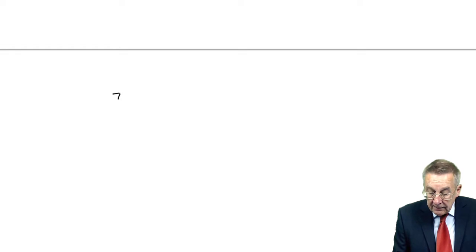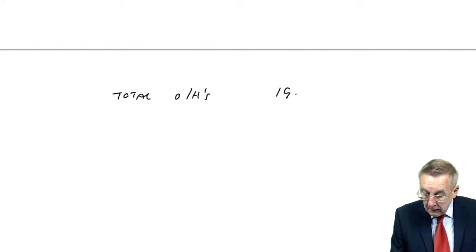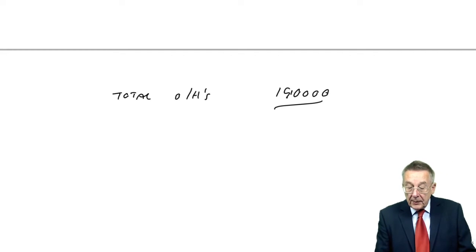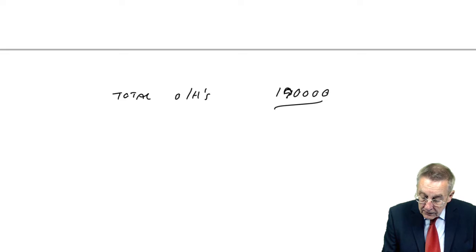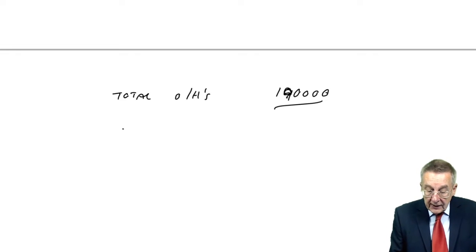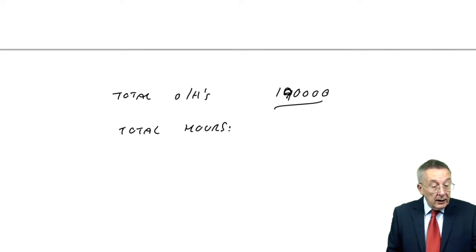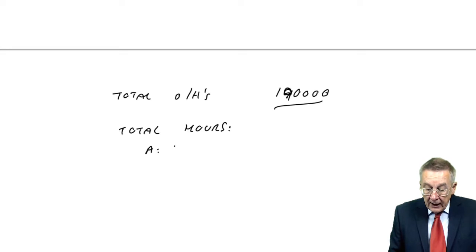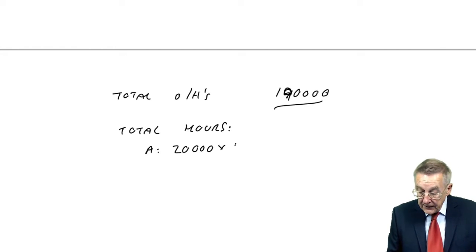To absorb them, we know what the total overheads are, 190,000. We're absorbing per labour hour, and so we need to know the total hours we're working. And how many are we working? Well, product A, we're making 20,000 units, and each one takes 2 hours.